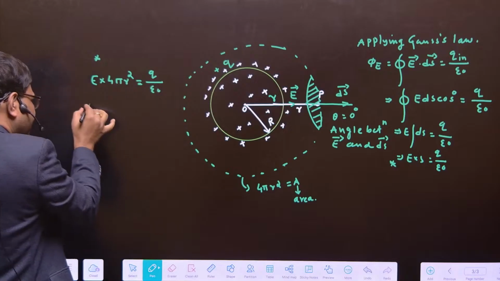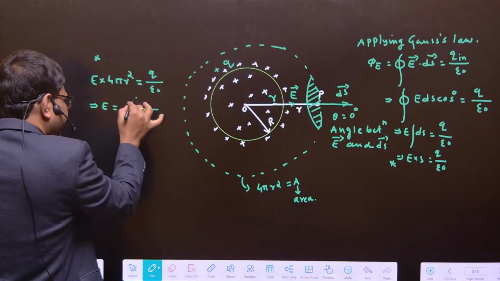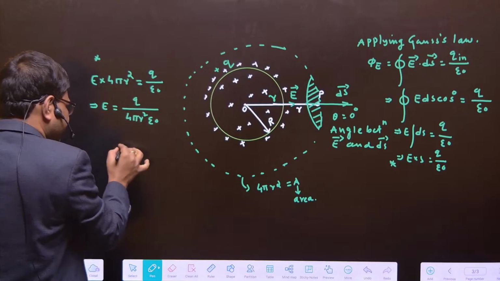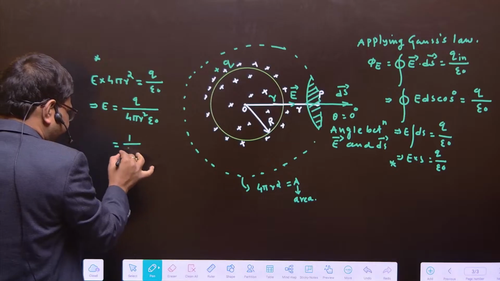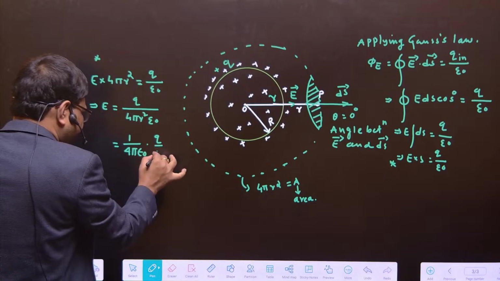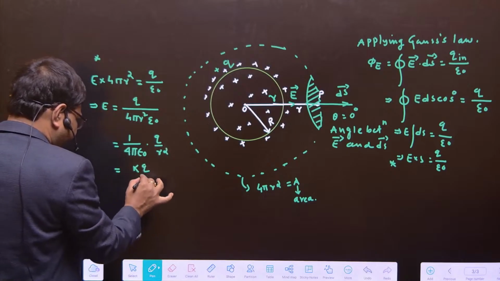Then we can write area 4 pi r square and total charge Q by epsilon 0. Now see here, electric field E is equal to, in the next line, Q divided by 4 pi r square into epsilon 0. Rearranging, E is equal to 1 by 4 pi epsilon naught into Q by r square. Take this constant as K: E is equal to KQ by r square.